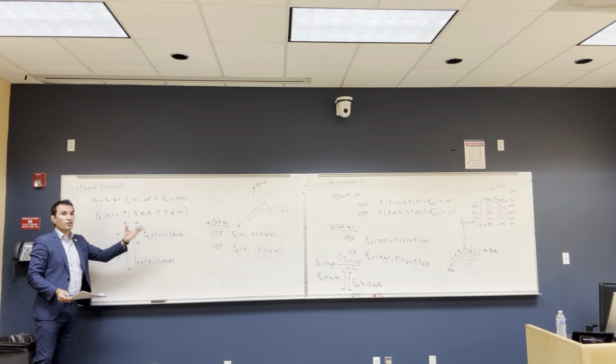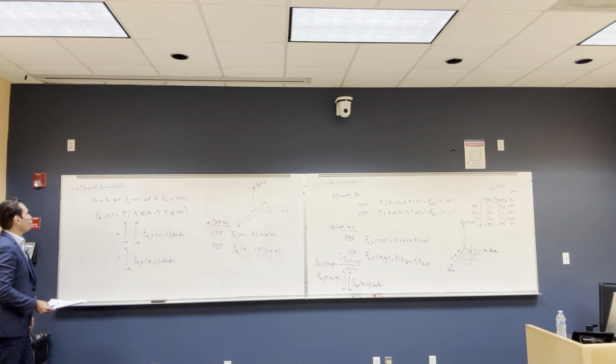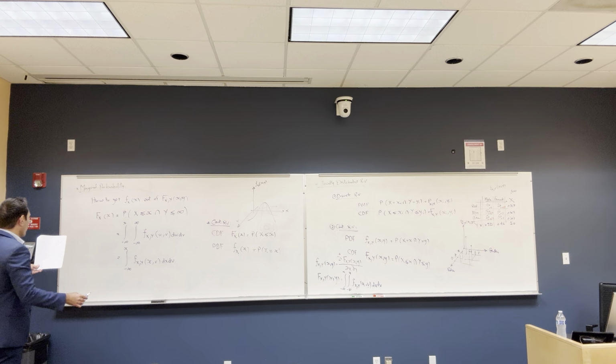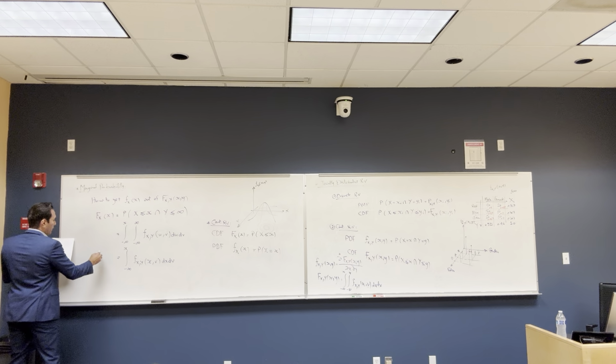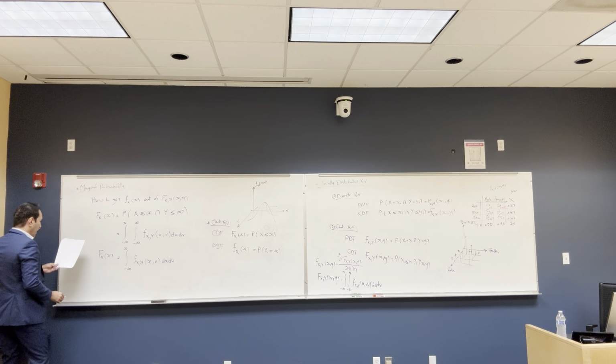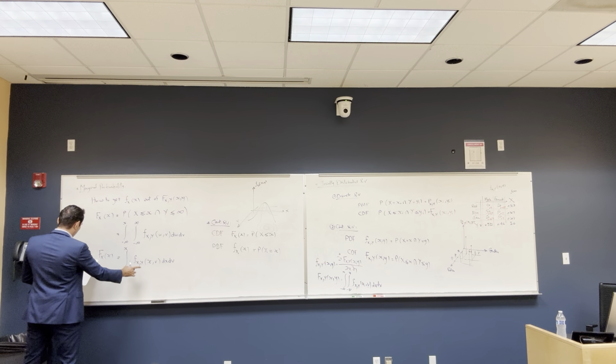But once I give you a function in x and y, you are going to do it right away. So that means this is my f_x of x, and that's basically what I did here to get this function.